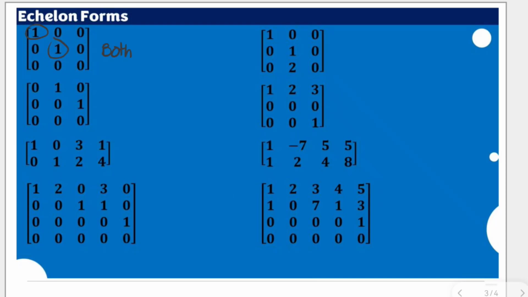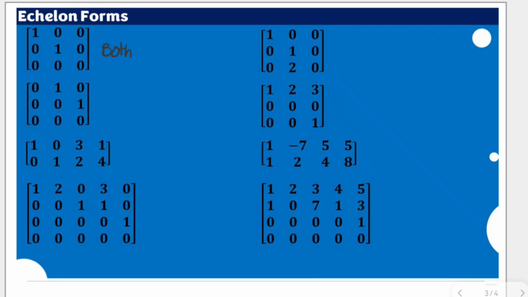And the leading one of the next row should be placed one column after, I mean, the leading one here is one column after this leading one, and that meets the criteria. We also have 0 rows at the bottom part. That makes it row echelon form.